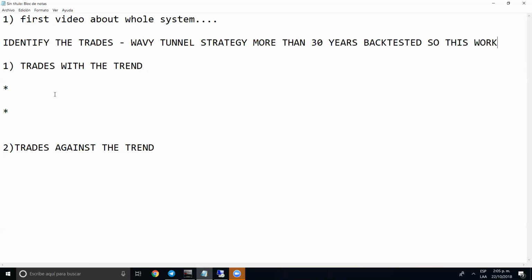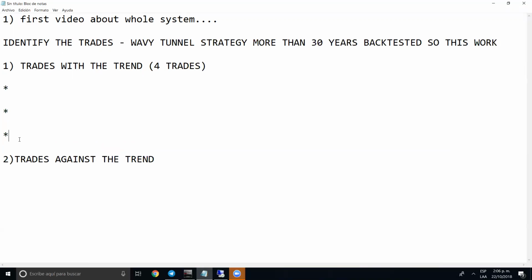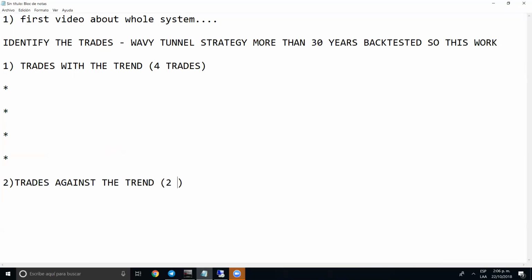First, we're going to identify trades with the trend. For this we have four trades. And the trades against the trend, we have two trades.